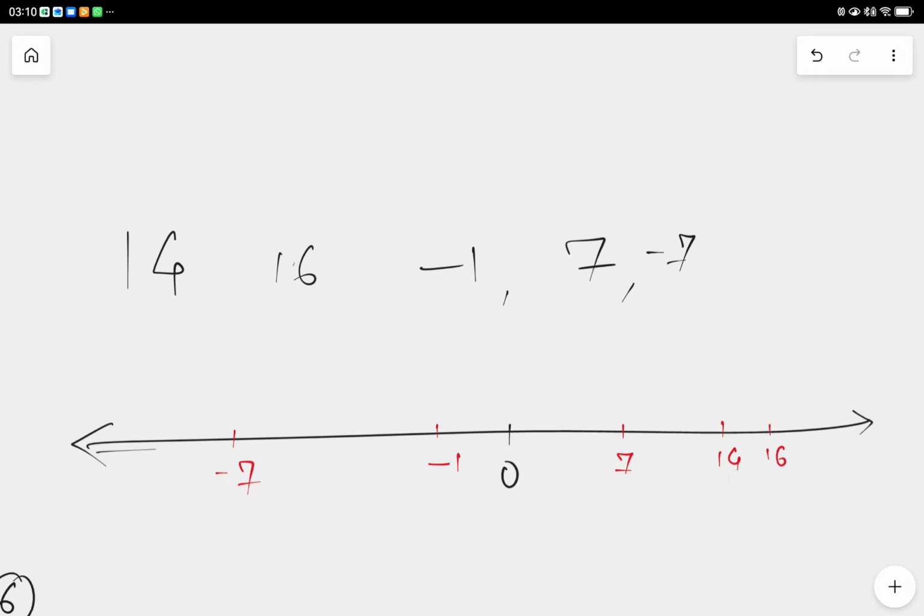So what is the smaller? -7, -1. Just arrange these from the left hand side to the right hand side. Simple. -7, -1, then you have 7, then 14, and then 16.